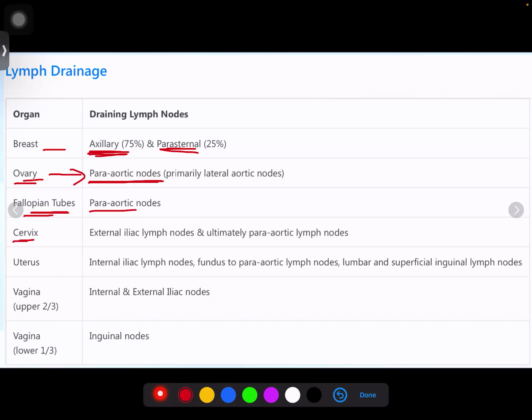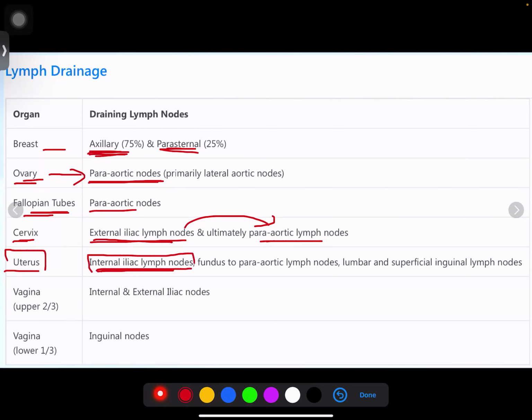The cervix goes to external iliac lymph nodes, and ultimately to para-aortic lymph nodes. The uterus is supplied by the internal iliac artery, so internal iliac lymph nodes, but the fundus is supplied by the ovarian artery, so it goes to para-aortic lymph nodes, and a few go to lumbar.